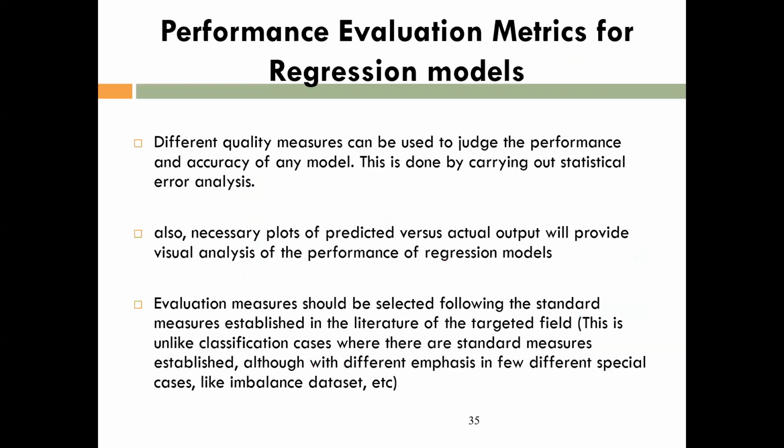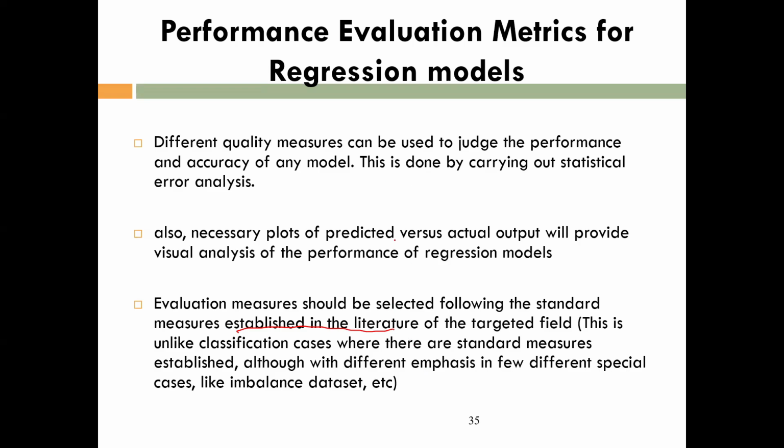Another very unique difference between classification and regression is the fact that you have to define the performance evaluation metrics to be used. I told us that the best way is to go to established literature in the area of application you are solving, and use the provided regression performance measures.